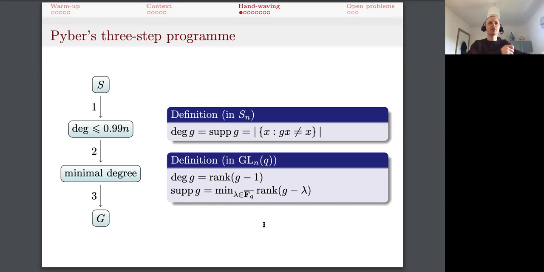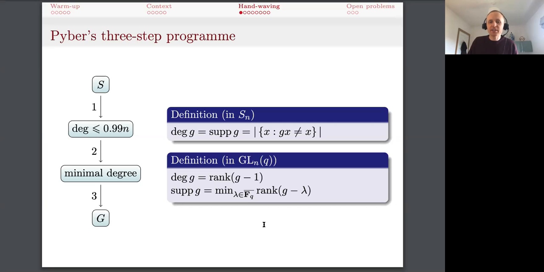A transvection fixes some hyperplane and some direction in the hyperplane, and you fix everything in the hyperplane and move everything off the hyperplane in the direction of your direction. In SL_n(Q), this is analogous to a transposition in the symmetric group, or maybe a 3-cycle.